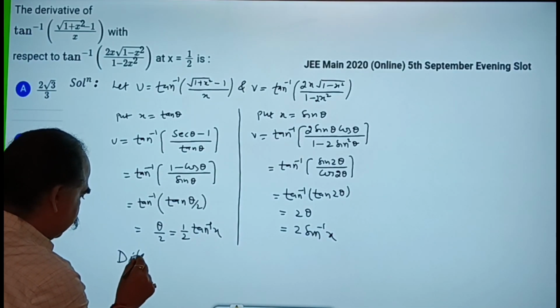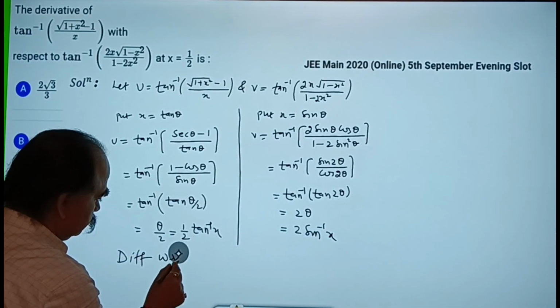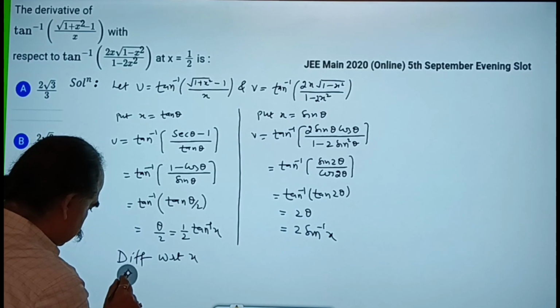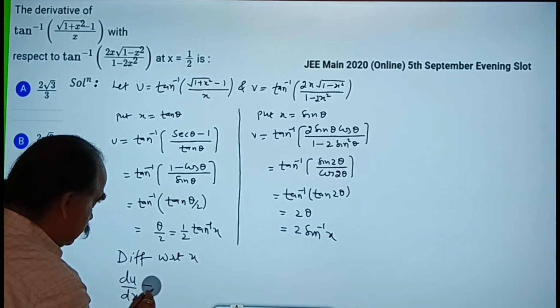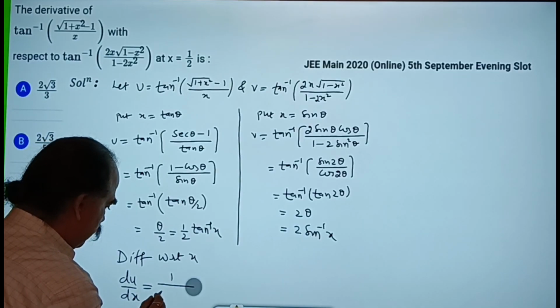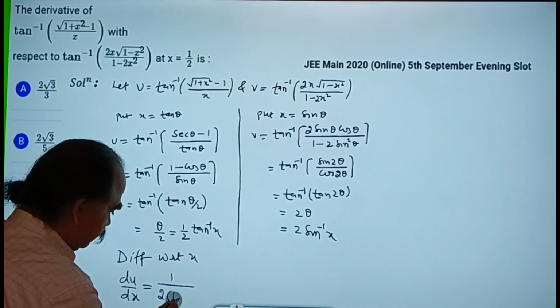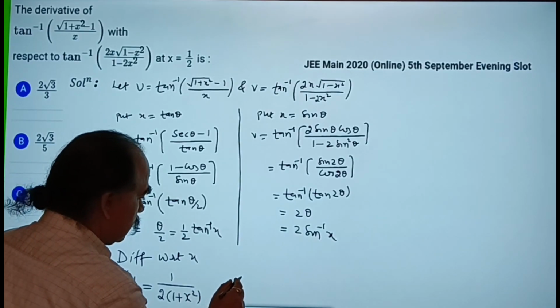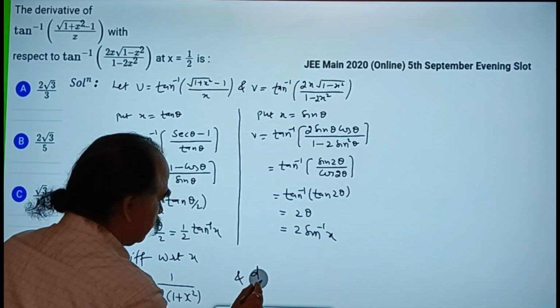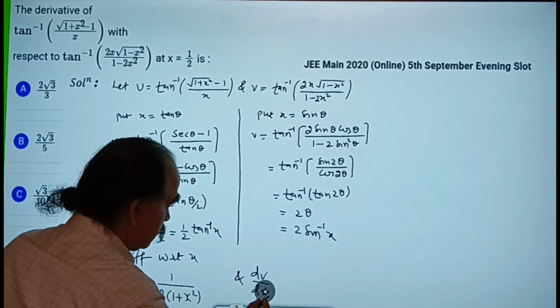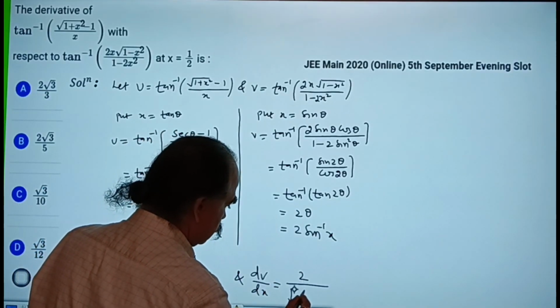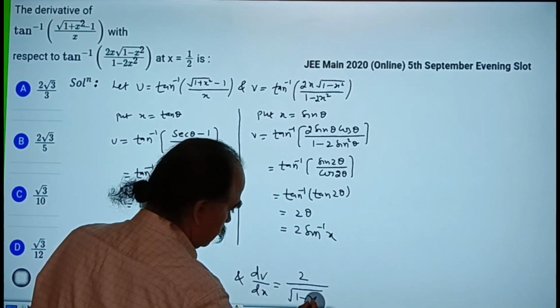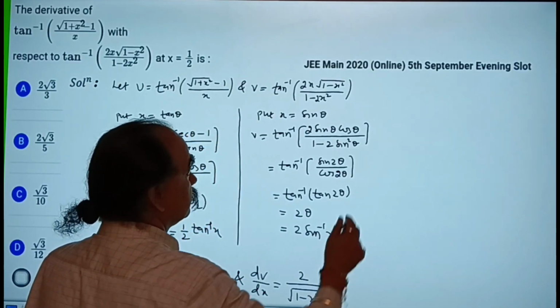Differentiating with respect to x, du by dx is what? 1 upon 2 into bracket 1 plus x square, and dv by dx is 2 upon root 1 minus x square.